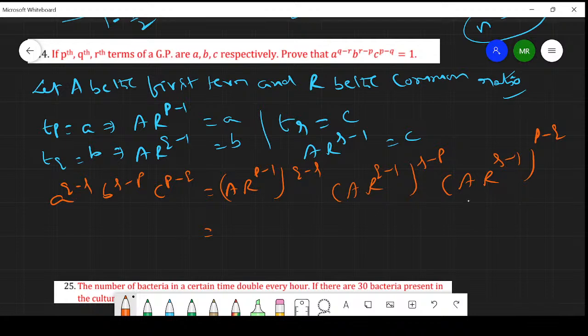All our product bases are equal, so you can add the powers. For A, the power is q minus r plus r minus p plus p minus q.